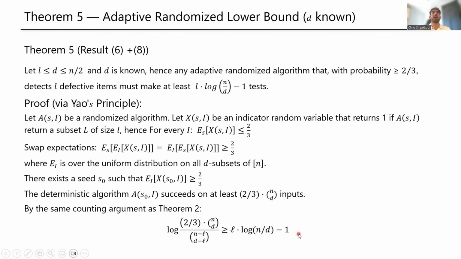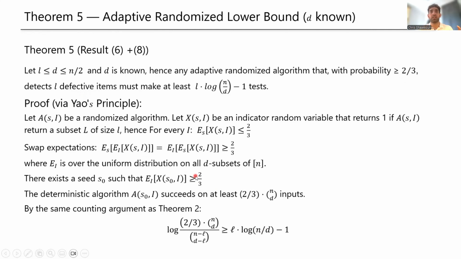So we have taken here an adaptive randomized algorithm. We found a seed. We proved that there exists a seed where for this adaptive algorithm, for this deterministic algorithm giving this seed, we succeed on 2/3 of the inputs to return the required information, which is to detect L defective items.